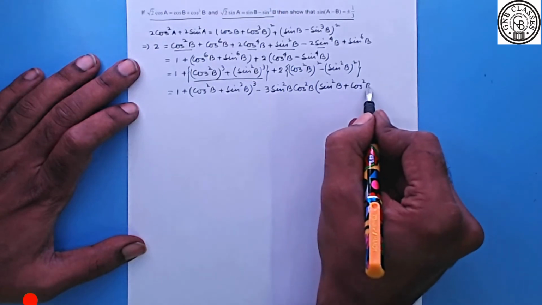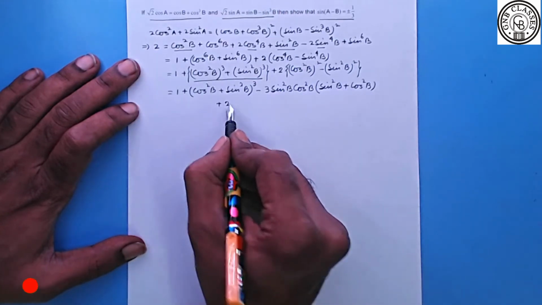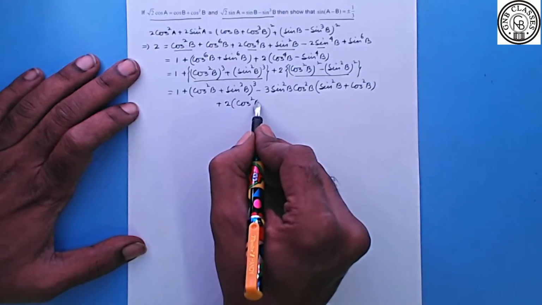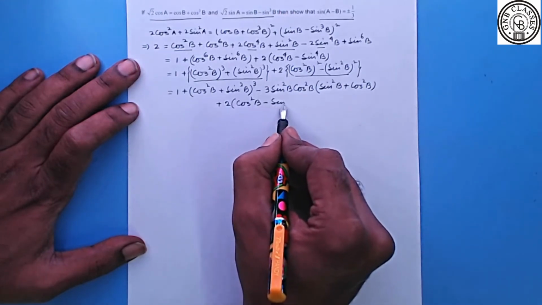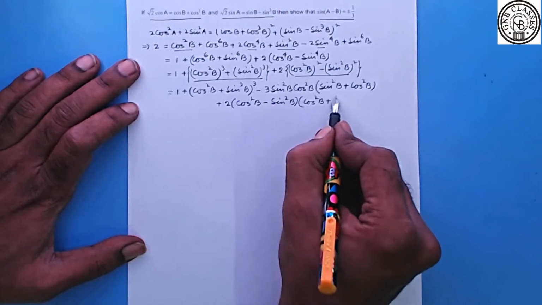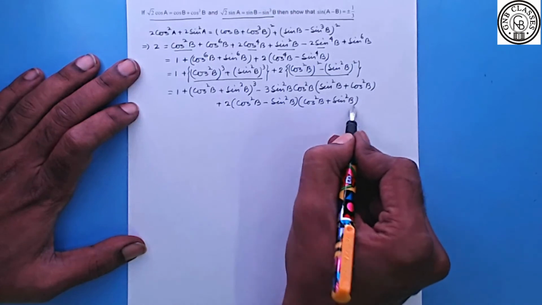Is it clear? Plus 2, this is A square minus B square, so it will be cos square B minus sine square B into cos square B plus sine square B.